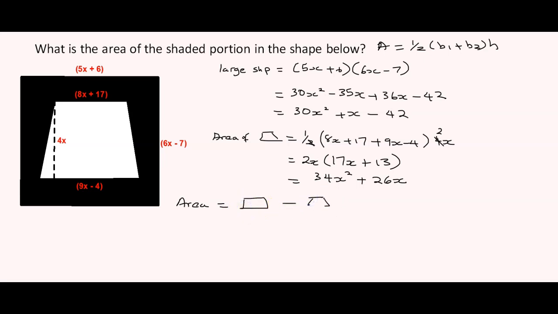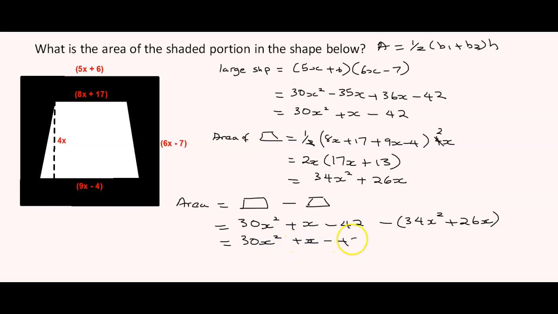So then now the area of the shaded portion is going to be the area of the rectangle minus the area of the trapezoid, which is going to be 30x squared plus x minus 42, and then we subtract 34x squared plus 26x. So this is going to give us 30x squared plus x minus 42 minus 34x squared minus 26x.